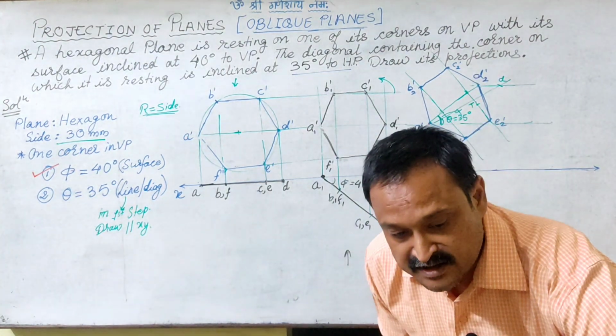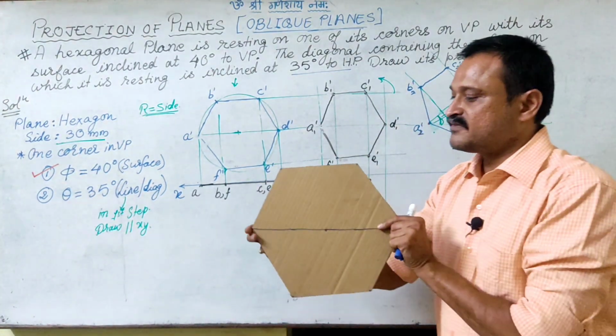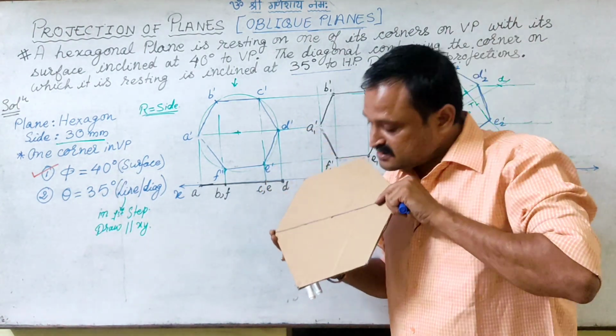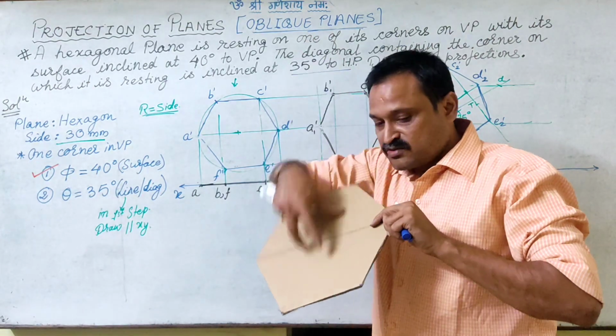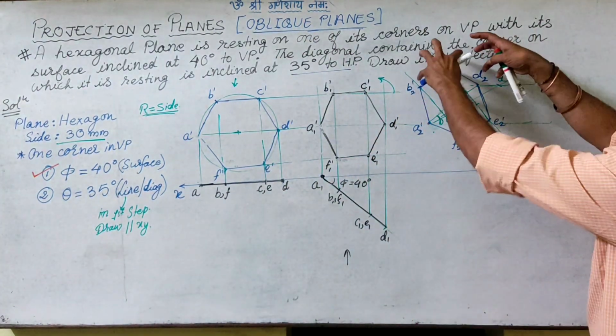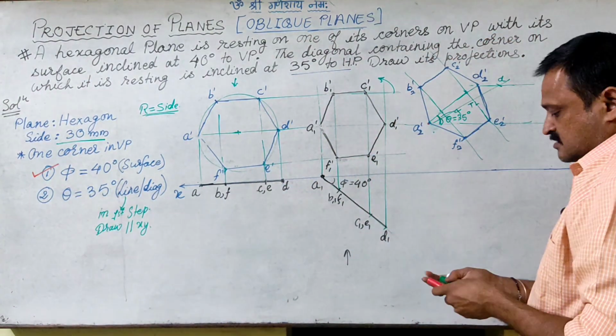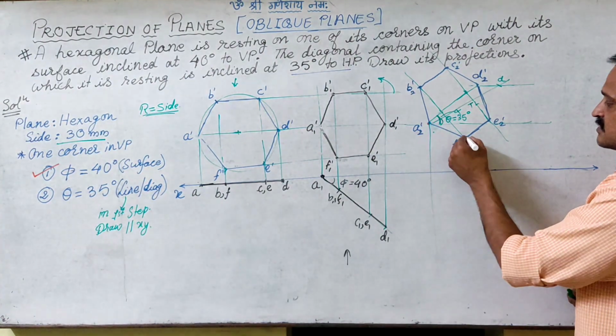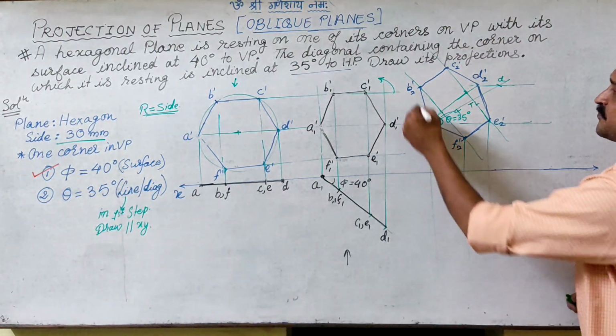So it was the first inclination, then we have given the second inclination, and now we will have a look at it from the top. So now we will drop the projectors for the top view.